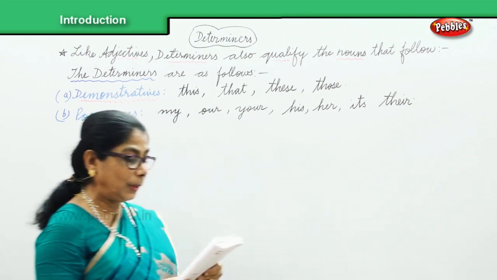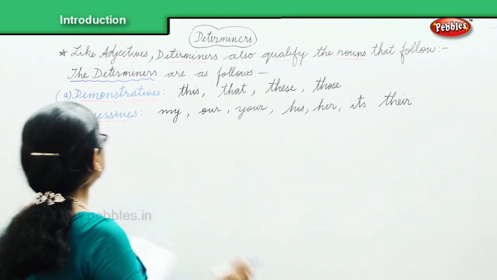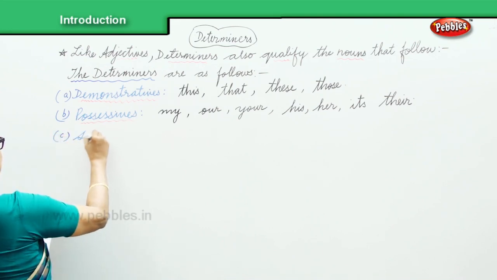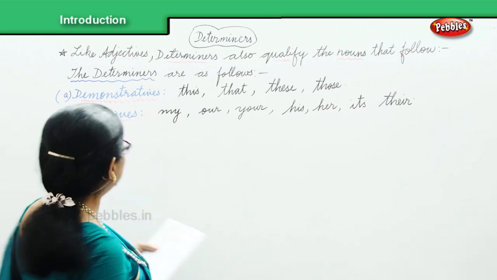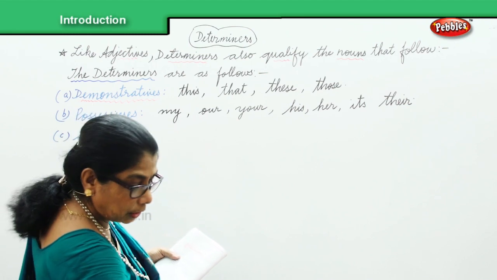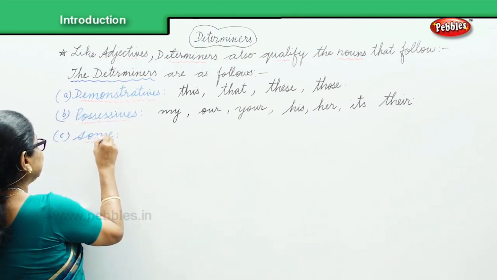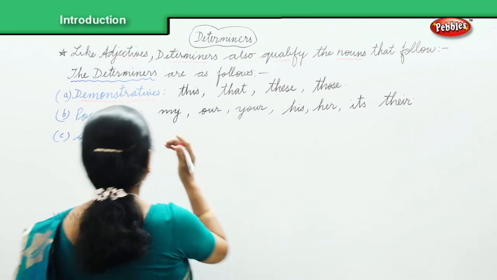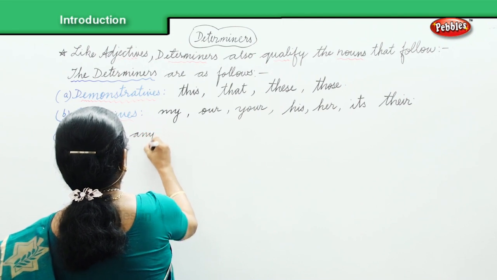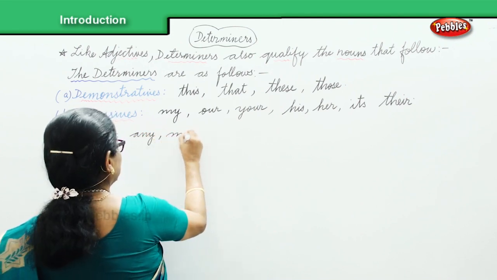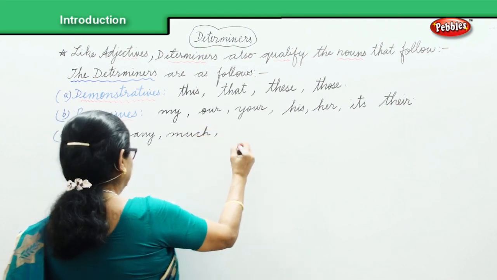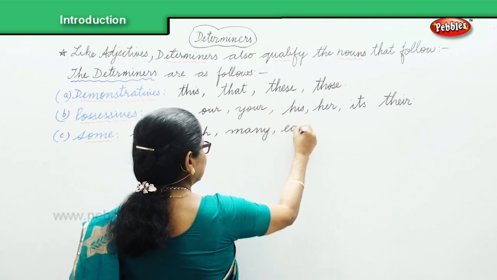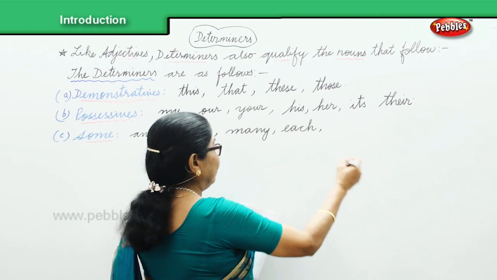Okay. Next, in the third category, some. Under this, let's see what determiners we have. Under some we have any, much, many, each, every.